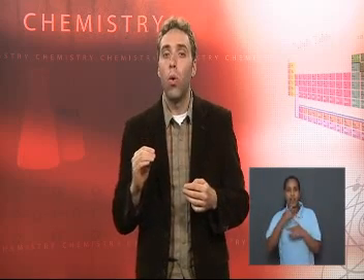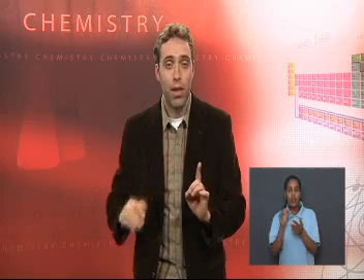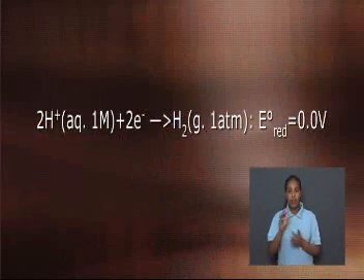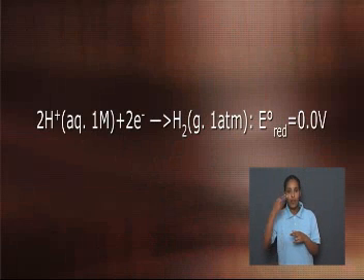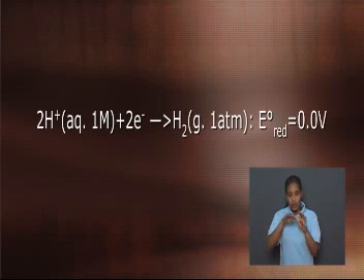Since voltaic cells have half cells, we must give a standard reduction potential to a certain reference half reaction in order to determine the standard reduction potentials of the other half reactions relative to that reference. The reference half reaction is the reduction of hydrogen ion in solution to hydrogen gas under standard conditions.